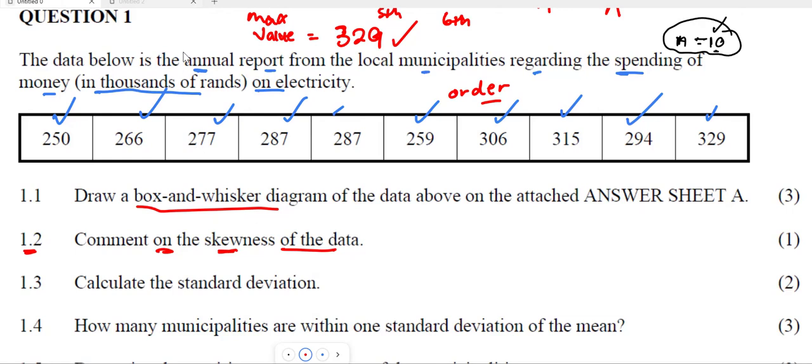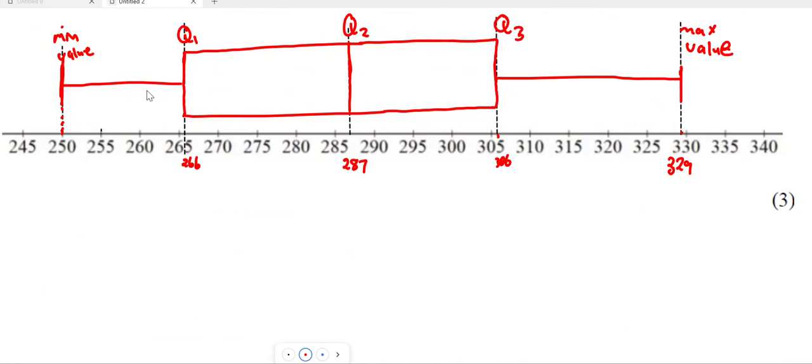If we look into our box and whisker diagram, it's a weird part, and a conclusion is difficult to actually make here. Because if we look at the position of our Q2, yes, the right side is bigger compared to the left.